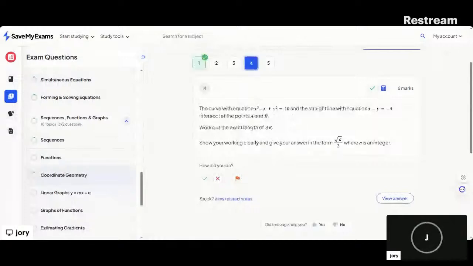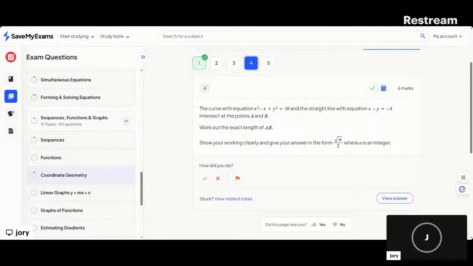Prove that this equation and this straight line intersect at these 2 points. Work out the exact length of these 2 points. Show your working clearly and give your answer in this form where a is an integer. Alright. Let's open.